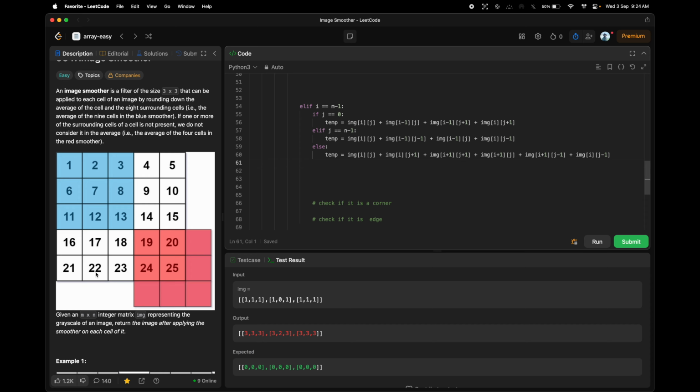Now instead of I, I want I plus 1, let's start from this value.